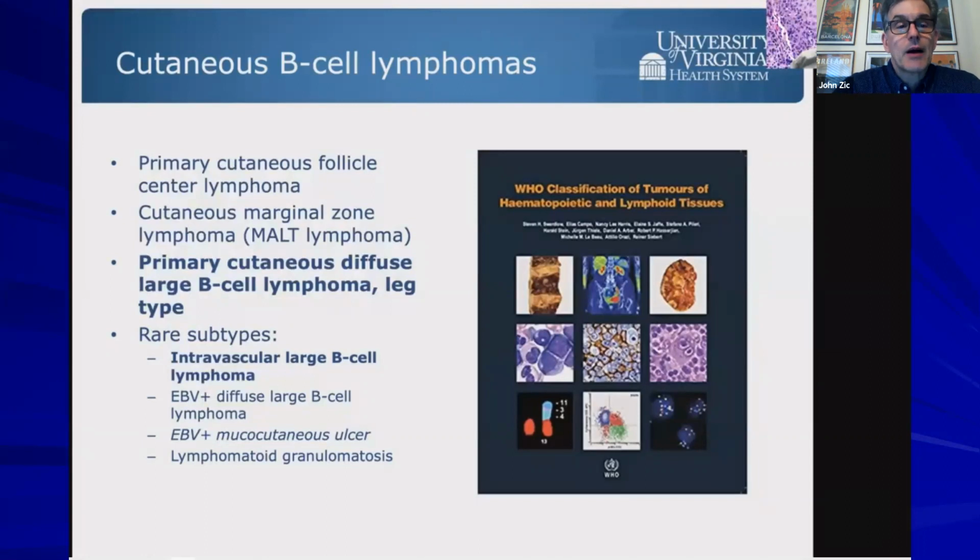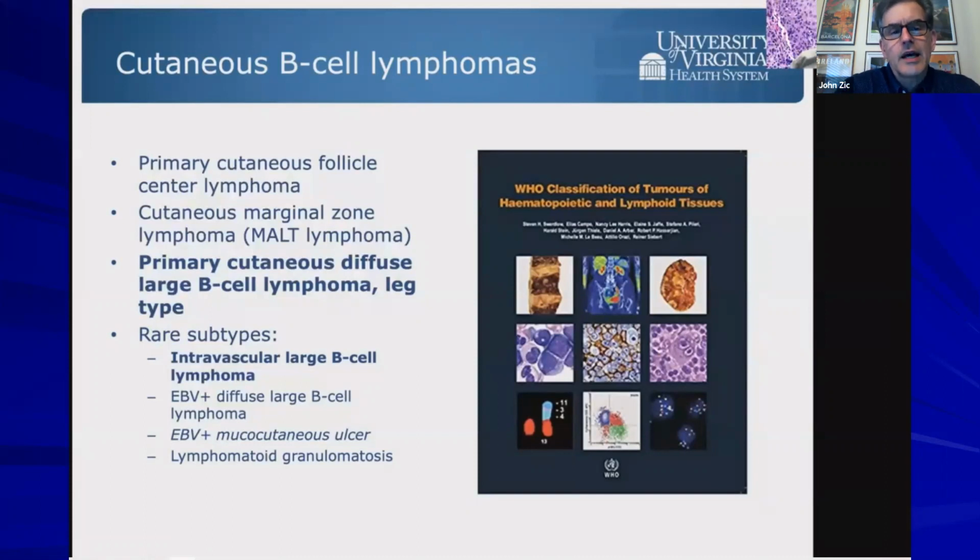Probably the most common type of high-grade cutaneous B-cell lymphoma is this one here, called primary cutaneous diffuse large B-cell lymphoma, leg type. It might seem very unusual that we have a type of cutaneous B-cell lymphoma with an anatomic location that's part of its official name.